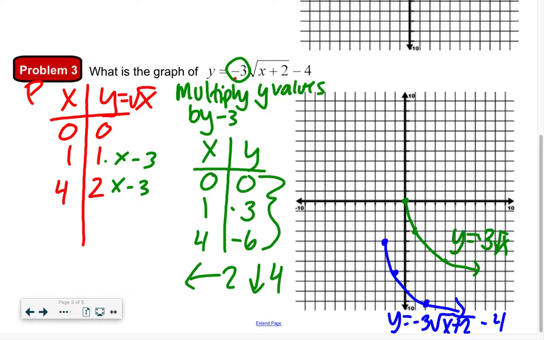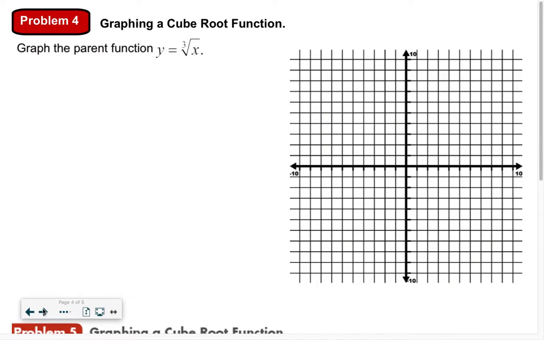Questions here? Now we got cube roots. Guesses on what a cube root looks like? Make a table, x, y. Again, we want to choose good points.